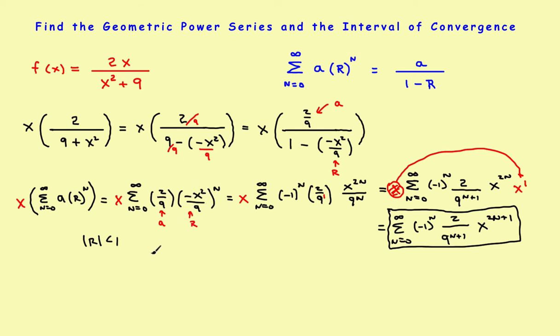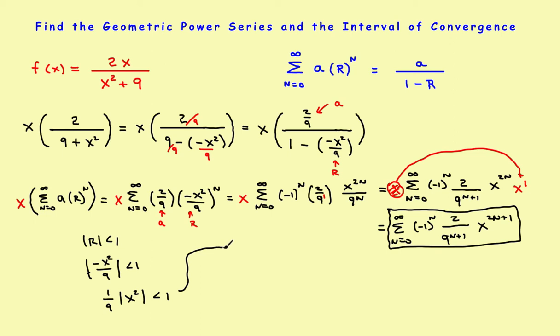R is equal to minus x squared divided by 9. The absolute value of that is less than 1. And using the same argument, when you take the absolute value, that negative is going to disappear, and you can factor a 9 out. So this will become 1/9 times the absolute value of x squared is less than 1.